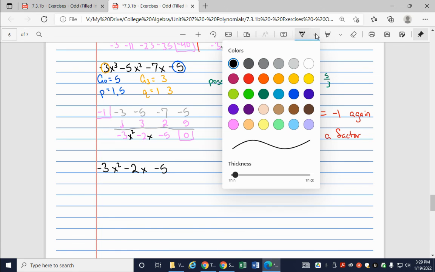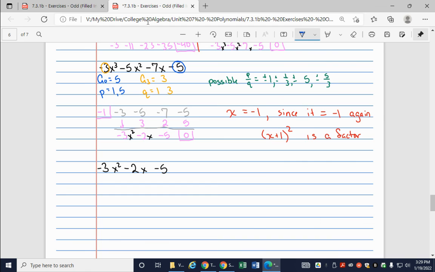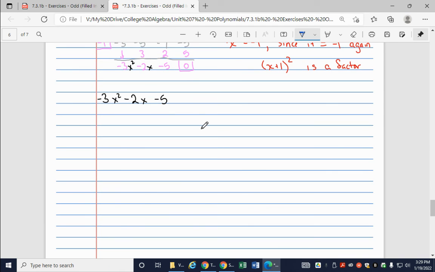That is a square. So I can check it to see if it factors. If it doesn't factor, then I use the quadratic formula. So I have a negative 3 and a negative 5, so that's going to be 15 in the top and a negative 2 on the bottom. So my factors of 15 are going to be 1 times 15, 3 times 5, and that's it. I want to get a positive 15.